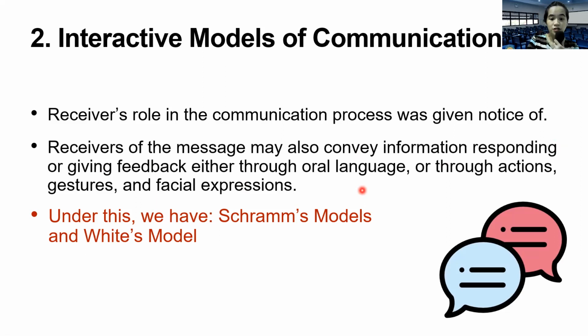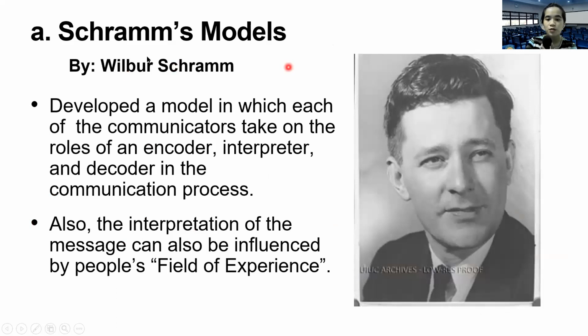So under this interactive model, we have the Schramm's models and White's model. So let's see what these models have for us. So we have Schramm's models. So here's the picture of Schramm, okay? So he developed a model in which each of the communicators take on the roles of an encoder, interpreter, and decoder in the communication process.